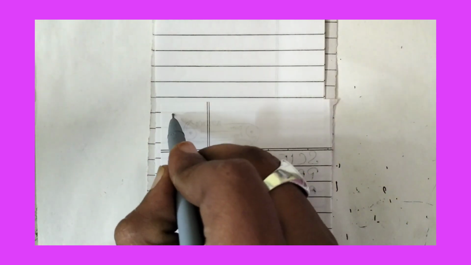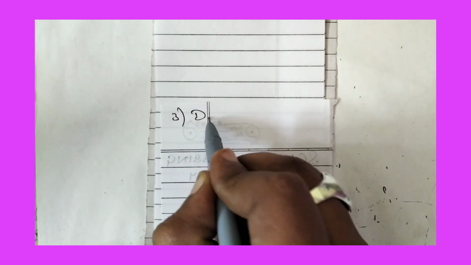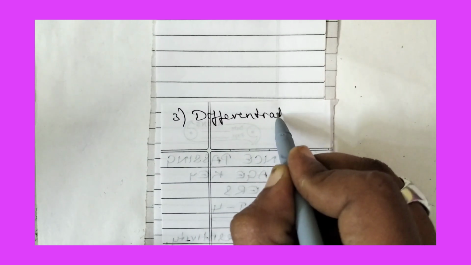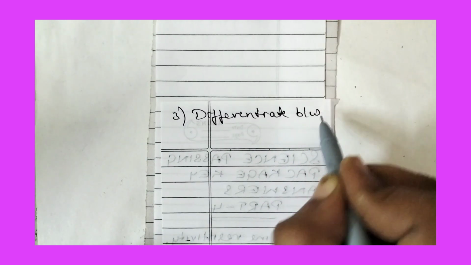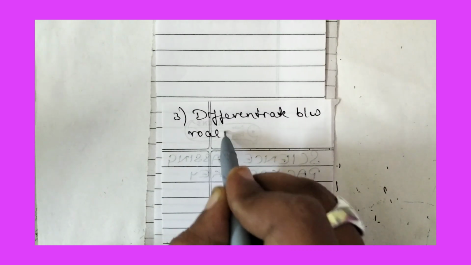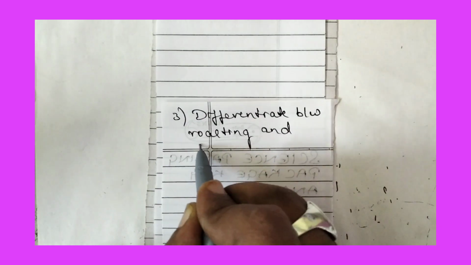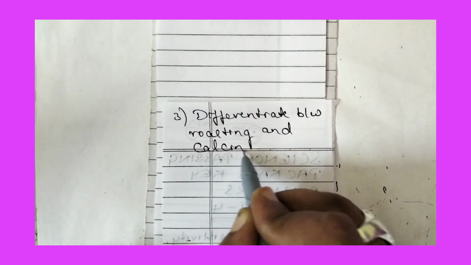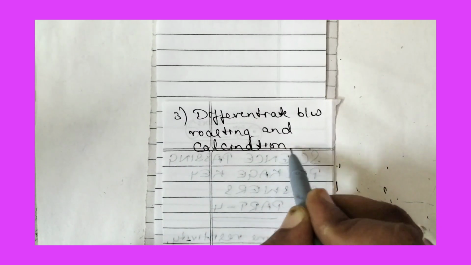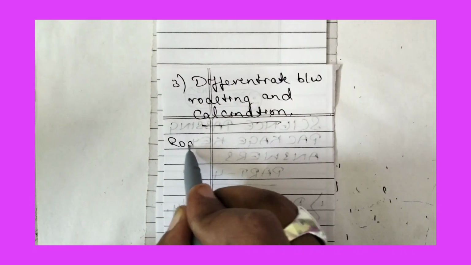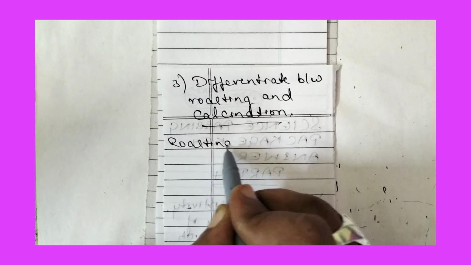Now the third question is differentiate between roasting and calcination. So let us differentiate between roasting and calcination. On one side we write roasting, on the other side calcination.